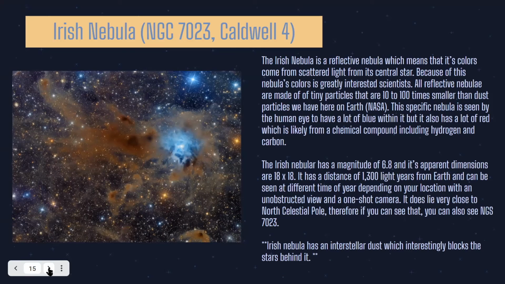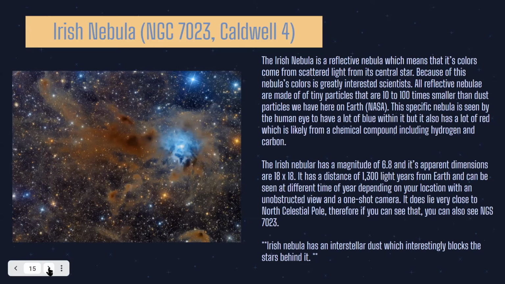It has a magnitude of 6.8. Its apparent dimensions are 18 by 18 arcminutes. It has a distance of 1,300 light years from Earth and can be seen at different times of year, of course, depending on your location. It does lie very close to the North Celestial Pole.